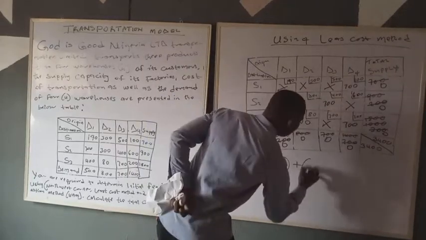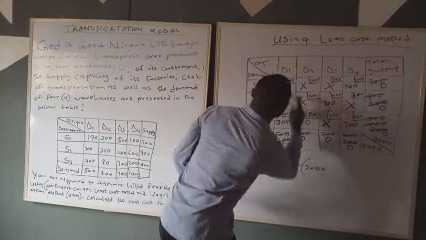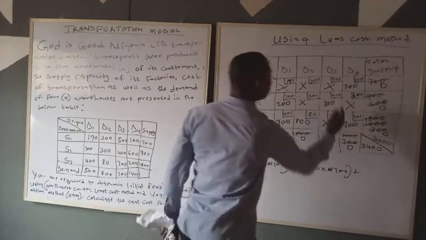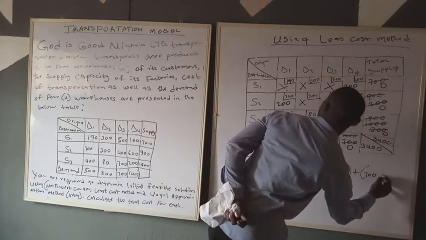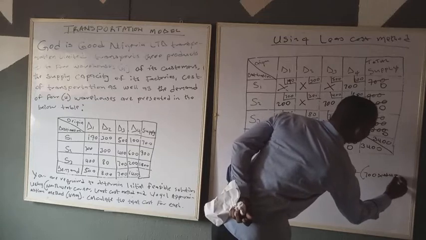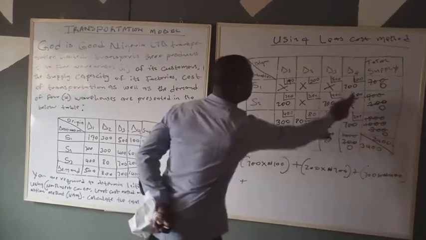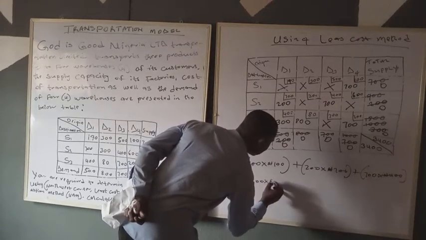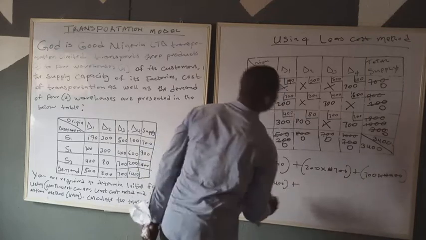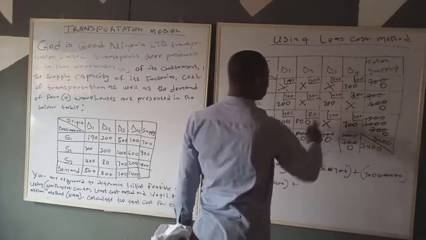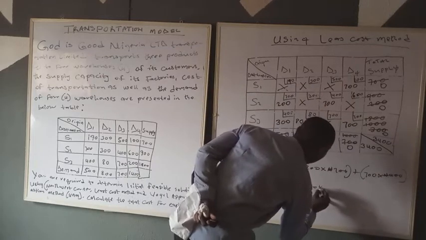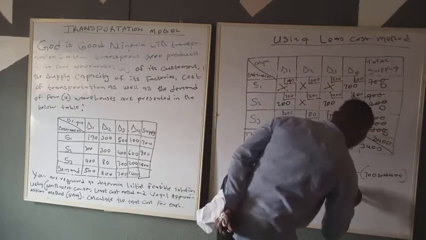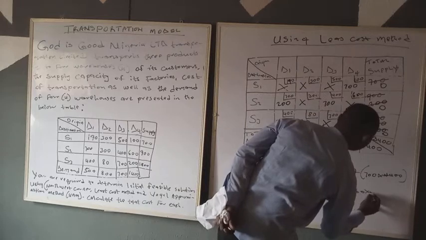So here we have 200 times 700 naira, then plus 700 times 400 naira, then plus 300 times 400 naira, then plus 800 times 80 naira, then plus 700 times 200 naira.